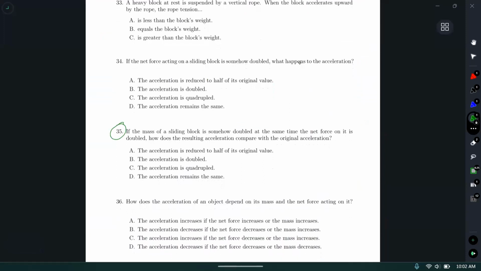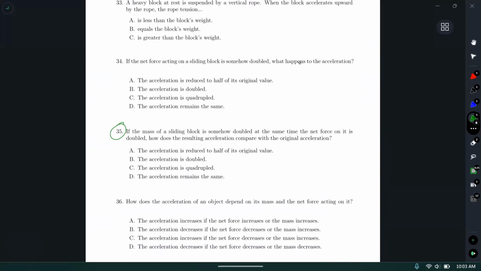If mass is doubled while the net force is also doubled, what happens to acceleration? Does the acceleration double as well?